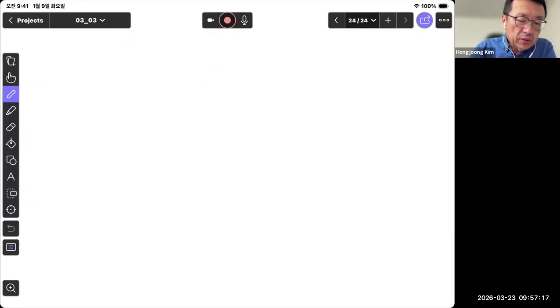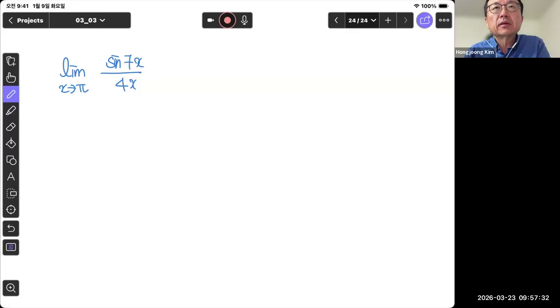Now, one more example. So in my previous example, in the case of sine 7x over 4x, if I consider the limit as x goes to pi, not 0, then how can I find the limit? Sine 7x is a continuous function. 4x is continuous.